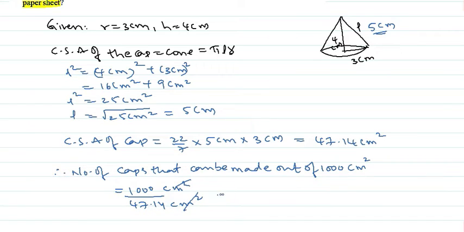So we can cancel, then we are getting 21.27. So approximately we are taking 21 caps. Therefore number of caps, 21 we can make from that 1000 centimeter square of color paper.